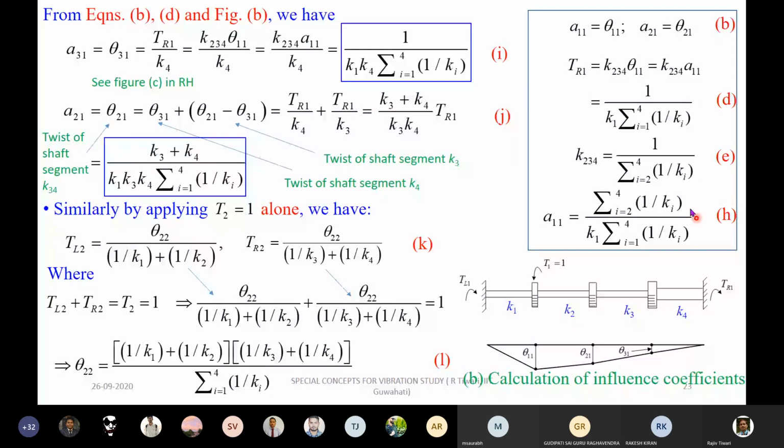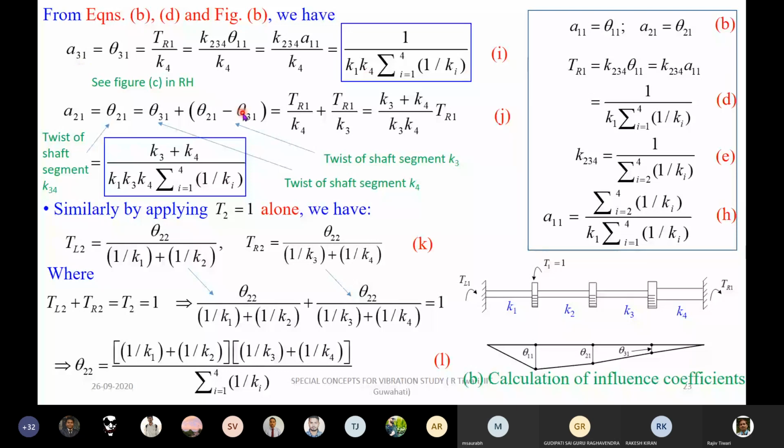So if we substitute this here, and the K23 we obtained earlier, that is the K23 expression from equation E and the A11 equation from H. After simplification, we get an expression for A31 in terms of the shaft segment stiffness.